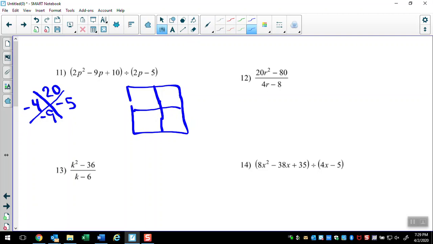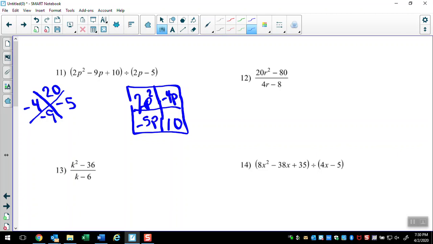So we're going to put our first term here. All right, 2p squared here, my last term here, and then we split up the middle term: negative 4p and negative 5p.